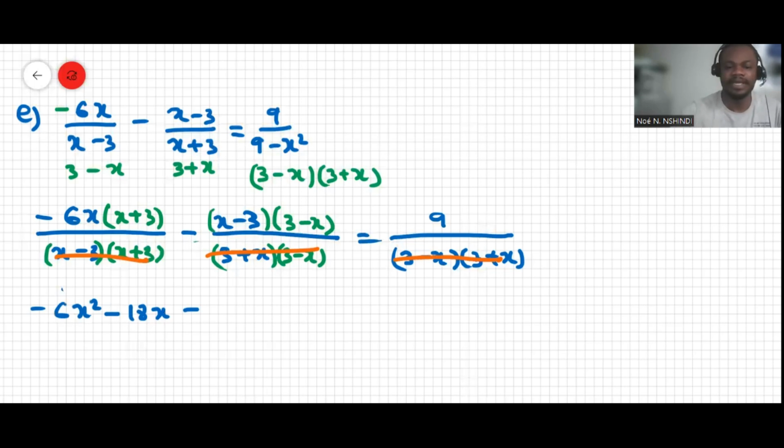I can make it x minus 3 if I change the sign, and it becomes positive. So now we have x minus 3 times x minus 3, which is x squared minus 6x plus 9, equal 9.